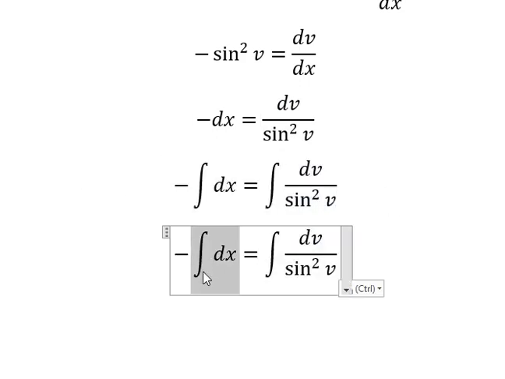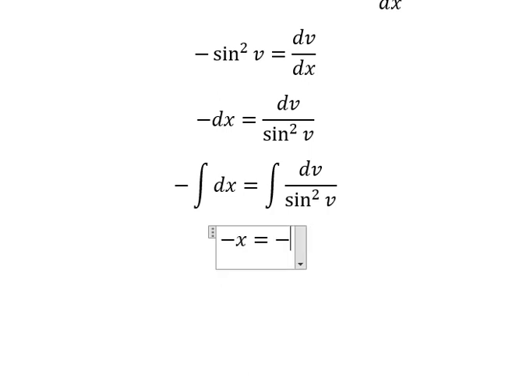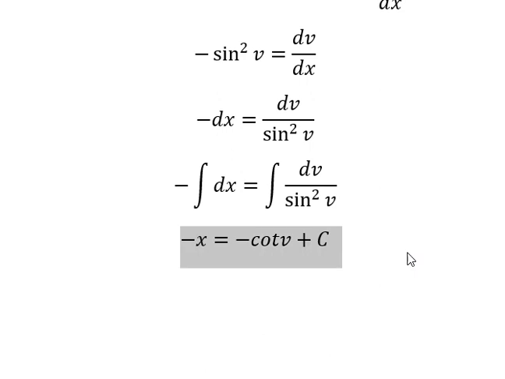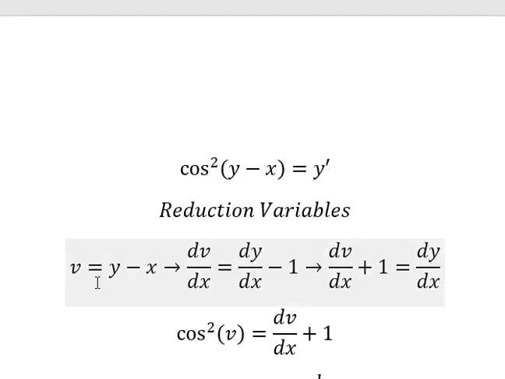The integration of this one, we have s. The integration of this one, we have negative cotangent v, and I will put plus c. So about v, that is about this one.